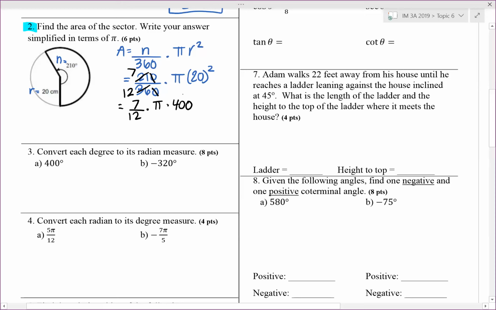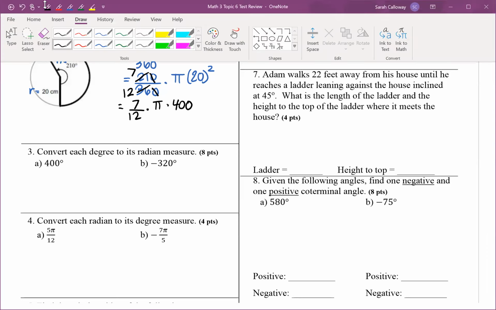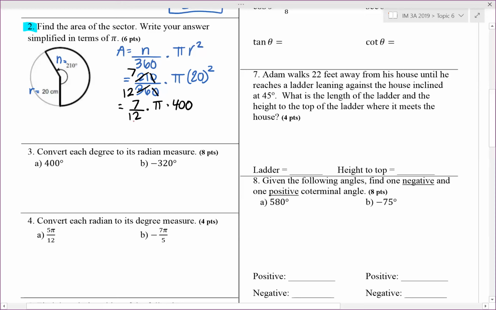And so 400, I can reduce, let's just go piece by piece here. 12 might go into 400 itself, but let's start with, oh no, it's not. So we got 4. 4 goes into 12 3 times. And then 4 goes into 400 100 times. So if I divide 12 and 400 each by 4, I've got a 3 and a 100.